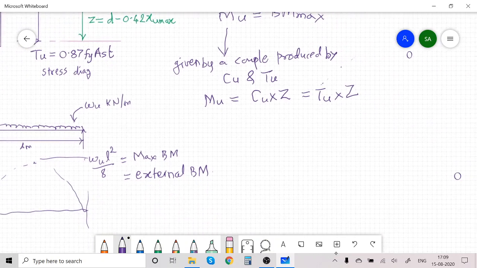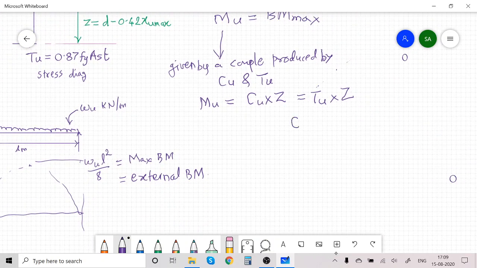Now, as Cu is equal to Tu, I will repeat, Cu is the total compressive force given by concrete, that is 0.36 FCK XU max into B. I am considering the balanced section, so I am writing XU max.